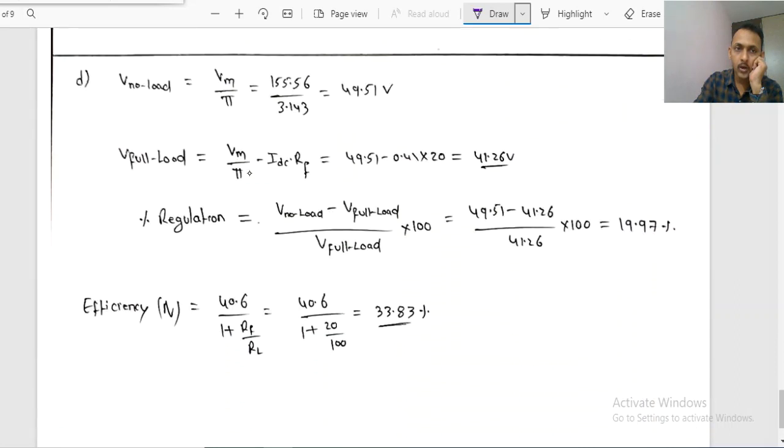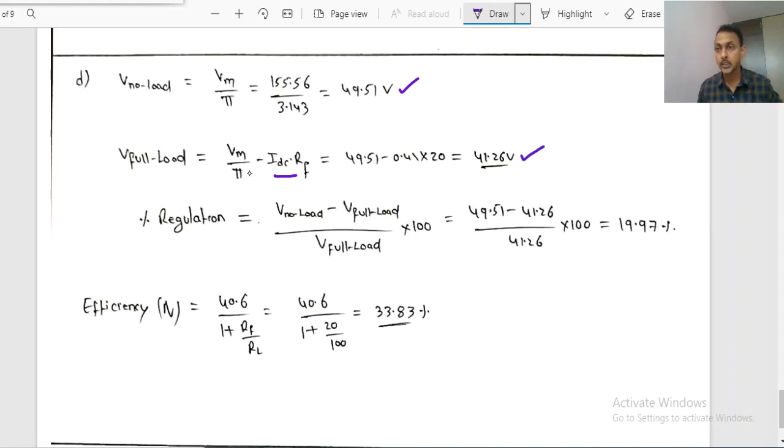What about voltage? VM by pi, 155.56 divided by 3.143, 49.51 volts. What about the full load voltage? VM by pi minus the drop IDC into RF, it is around 41.26 volts.